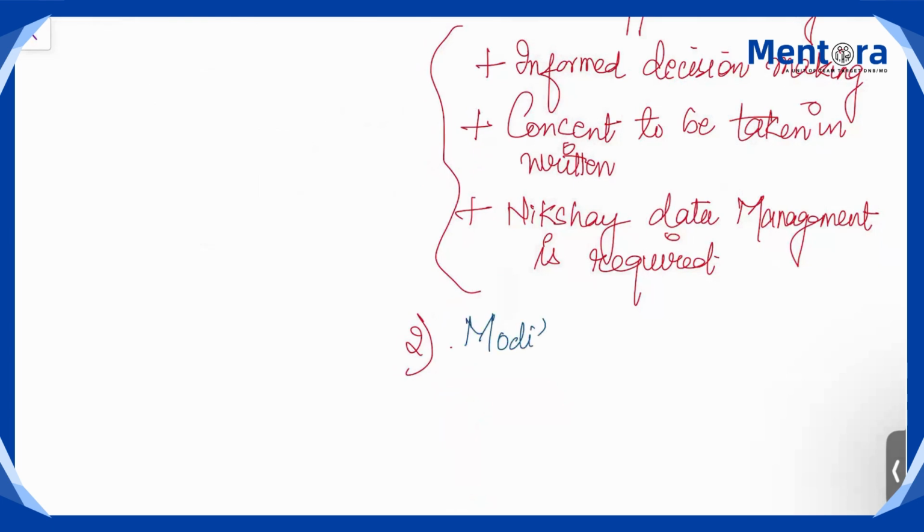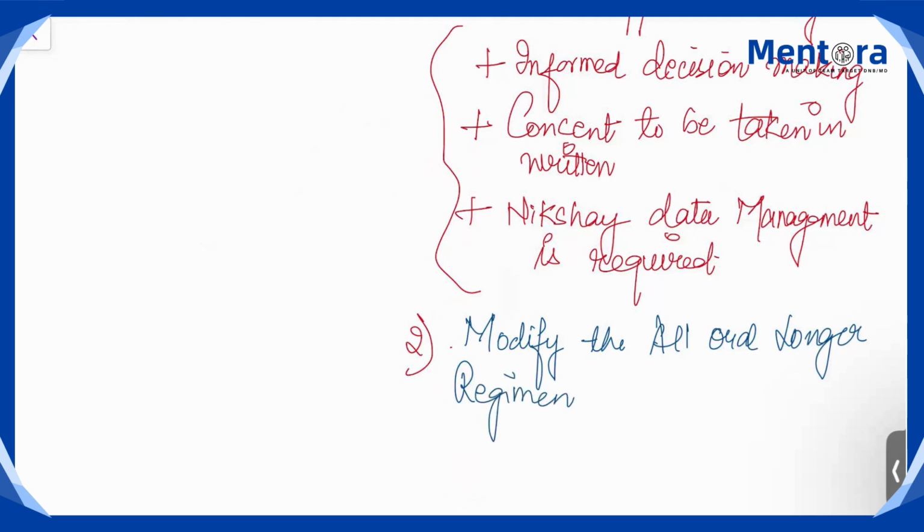So modify the all oral longer regimen. So you cannot give the entire all oral longer regimen because cycloserine is phytotoxic, ethionamide is phytotoxic. So you have to remove all these phytotoxic drugs.